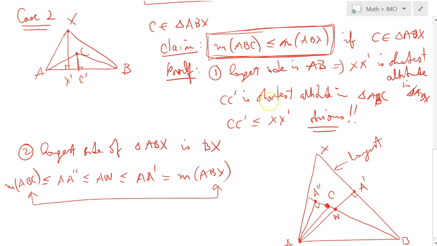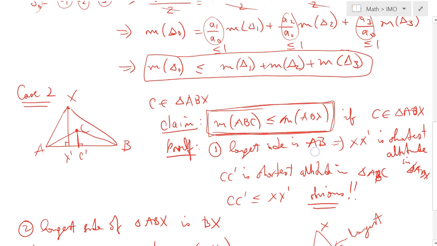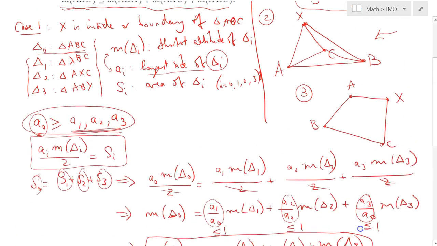So regardless of the configuration, if you have a point inside a triangle, then the shortest altitude of the smaller triangle will be smaller than the shortest altitude of the bigger, outside triangle. Having proven this claim, we can now go back to the question.